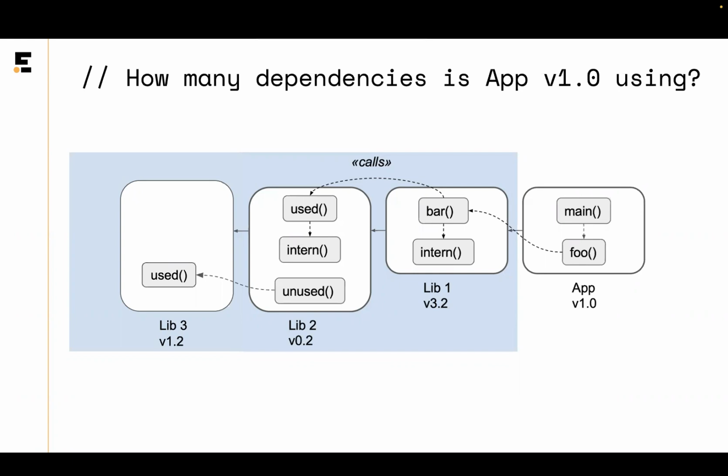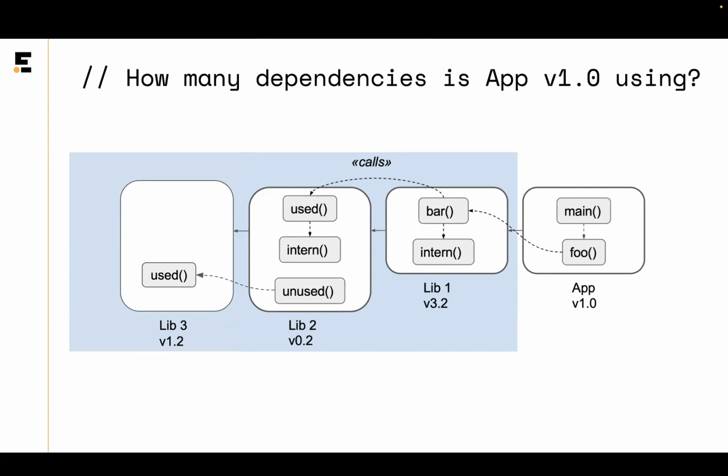But when we look into the call graph, we find that main calls foo, foo calls bar, bar calls used, and then used in lib2 is called intern, right? And we see that it's basically terminating at lib2, because the function unused in lib2 is not called in any way, and this is the only call that crosses over from lib2 to lib3.